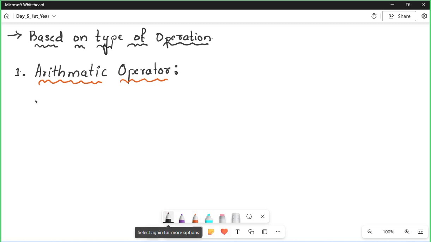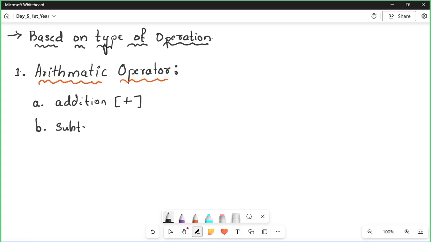In this one we have five basic operators. The first is addition, the second is subtraction, the third is division.